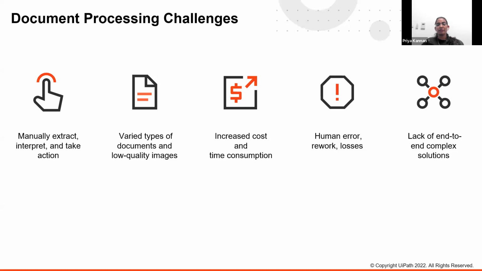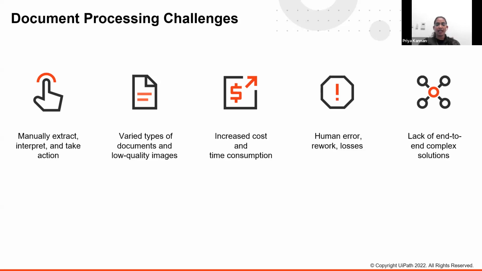But for 1,000 checks, it is like 5,000 minutes, so it cannot be done in one day. Also, checks are pretty much a constant form of document, so you are doing the same work again and again. Because of this, the money clearance takes time, and the department which needs that money has to wait for you.